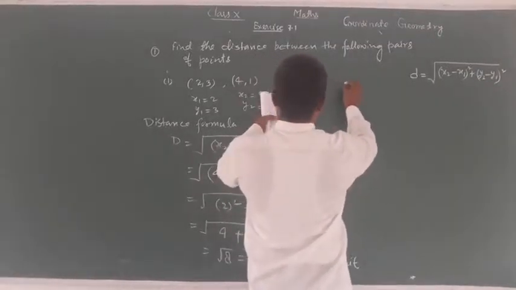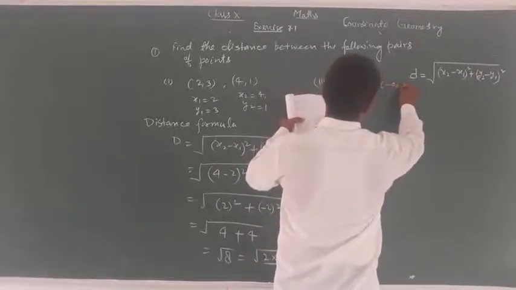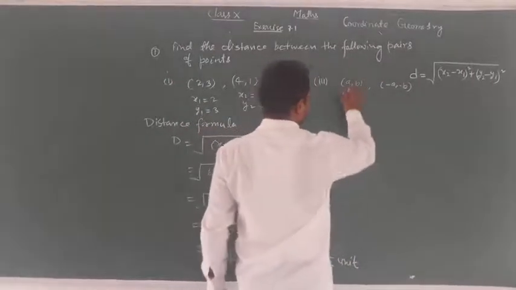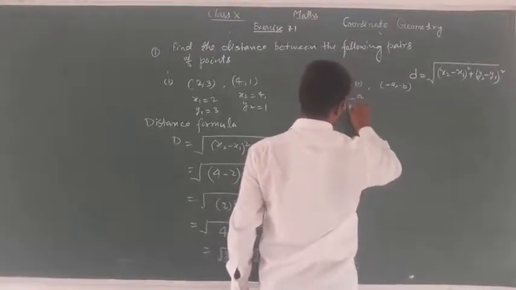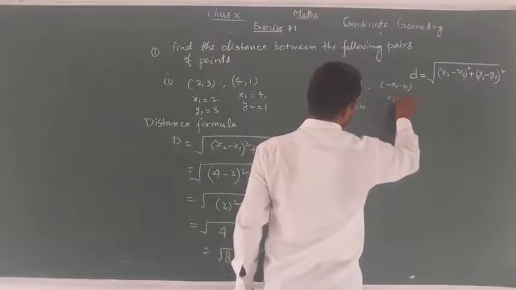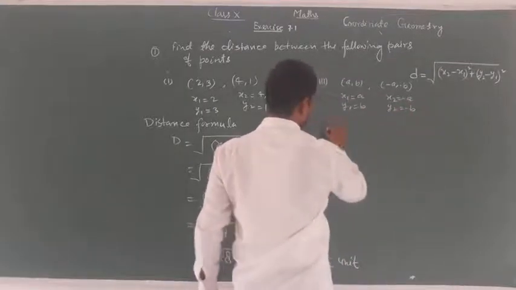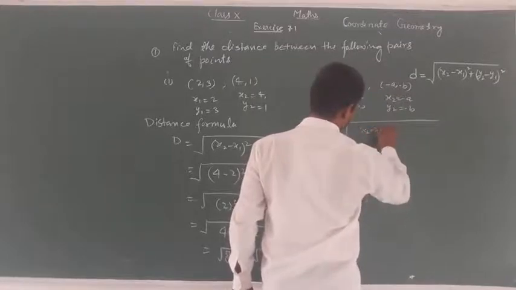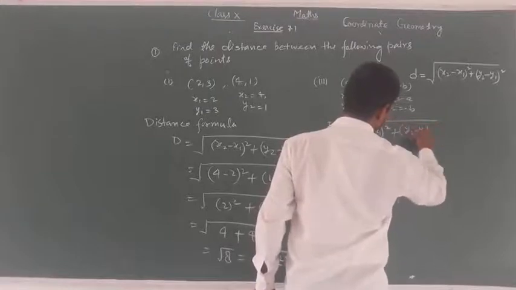Also the third part: (a, b) and (minus a, minus b). So now we can find x1 is equal to a, y1 is equal to b, x2 is equal to minus a and y2 is equal to minus b. Now the distance formula D is the square root of (x2 minus x1) square plus (y2 minus y1) square.